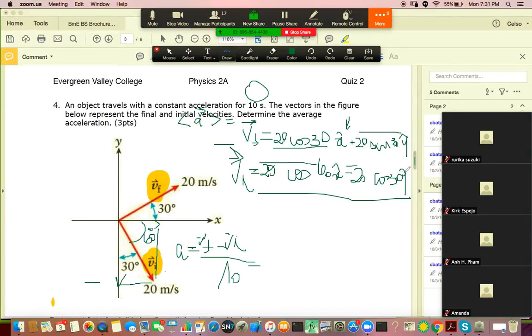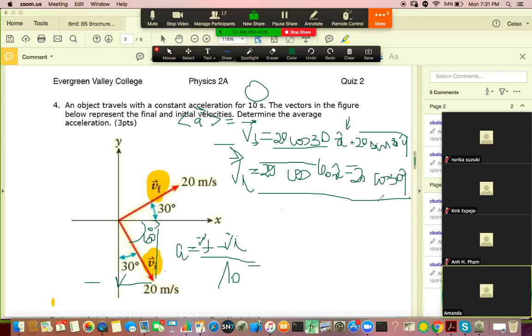So it becomes positive. Again, divided by 10. So your final average acceleration would be 20 cosine of 30 minus 20 cosine of 60, plus 20 sine of 30 minus 20 cosine of 30. Does that make sense?